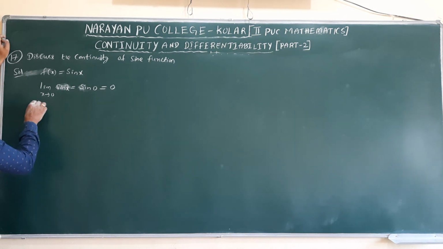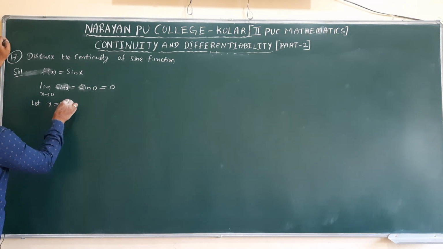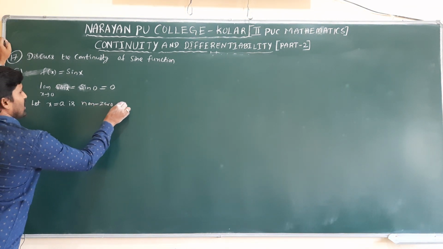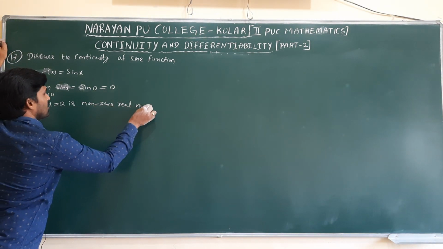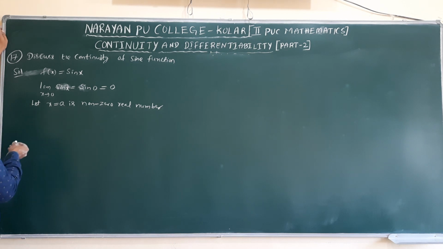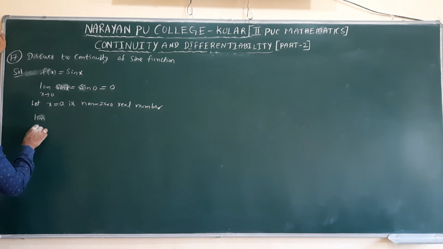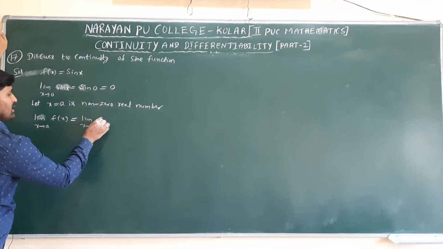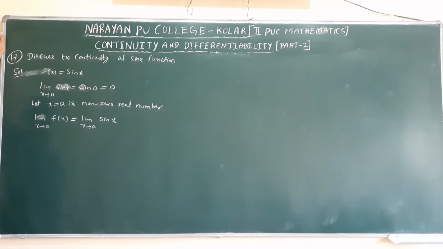Let x is equal to a be a non-zero real number. Condition-wise, we take the limit x tends to a, f of x is equal to limit x tends to a of sin x.